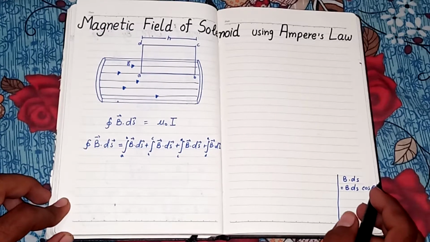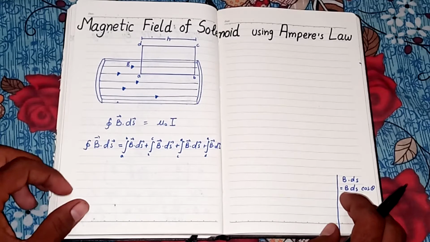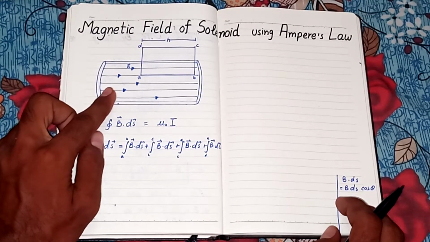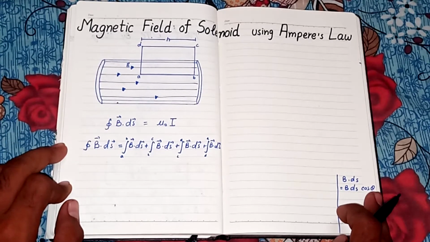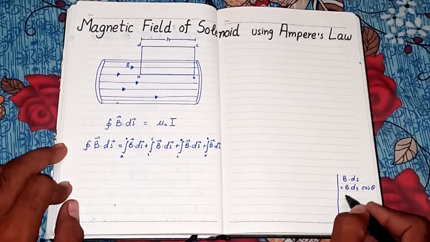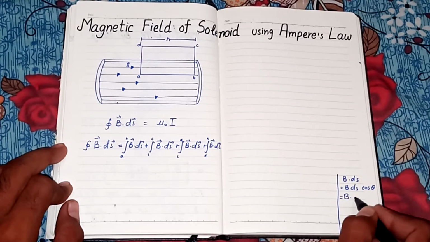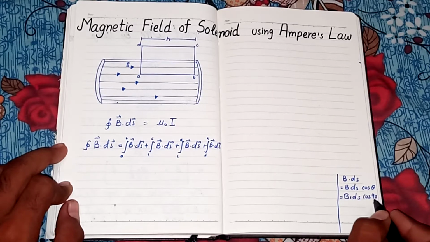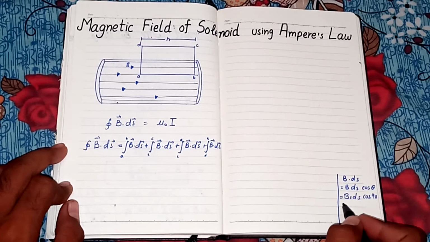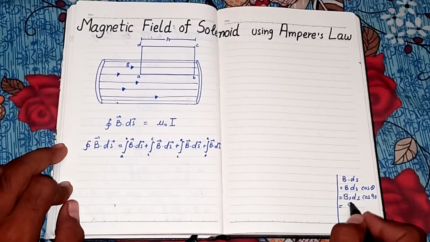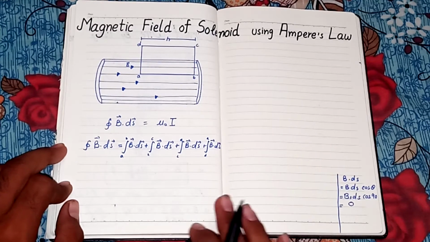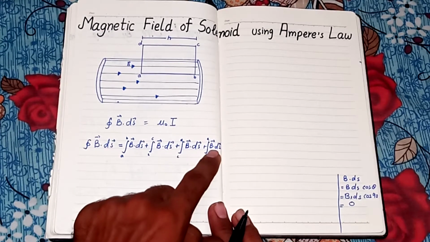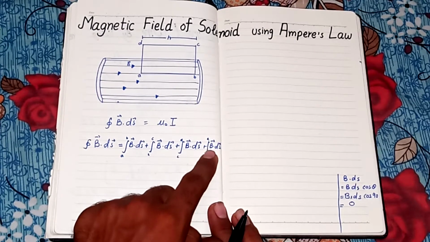Since the direction of the integral is perpendicular to the direction of the magnetic field B, theta equals 90 degrees, and we know that cos 90 equals 0. Thus, the whole integral reduces to 0. Therefore, our second and fourth integrals are 0.